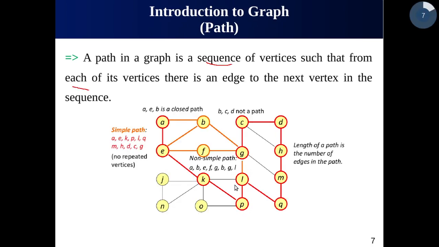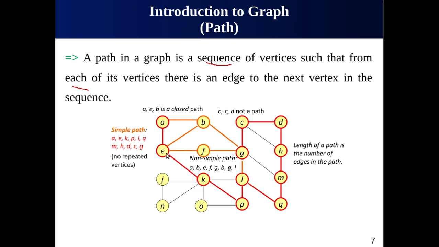So the definition of a path is actually highlighting two things: a sequence of nodes, and a link, connection, or an edge must be there to the next vertex in the sequence. An important property of a path is that each vertex in the sequence must be adjacent to the vertex next to it.